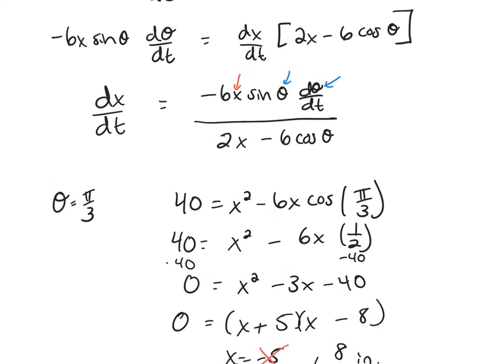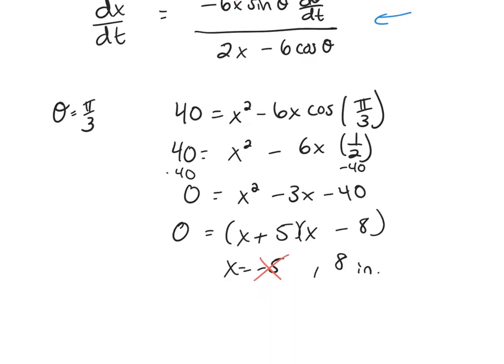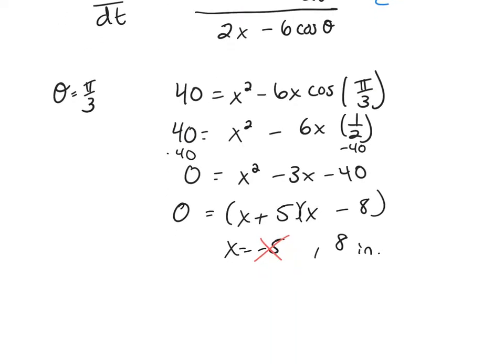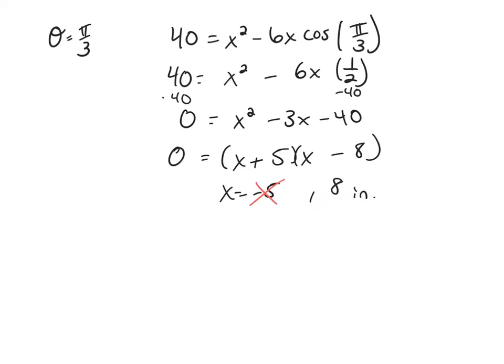So now I know x, so I can go back in here to my formula for dx dt and plug in everything that I know. So let's do that. So dx dt, it's negative 6, x is 8. It was sine, right?